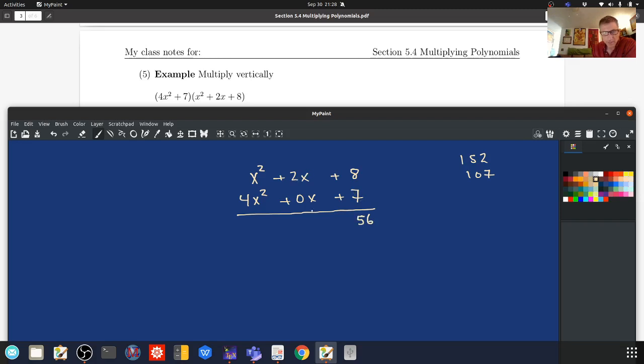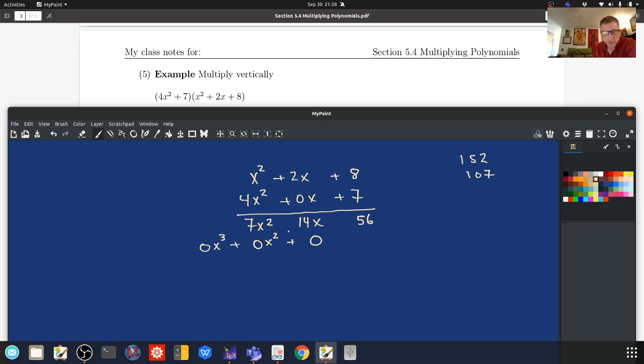7 times 2x is 14x. 7 times x squared is 7x squared. 0 times 8 is 0. 0x times 2x is 0x squared. 0x times x squared is 0x cubed.